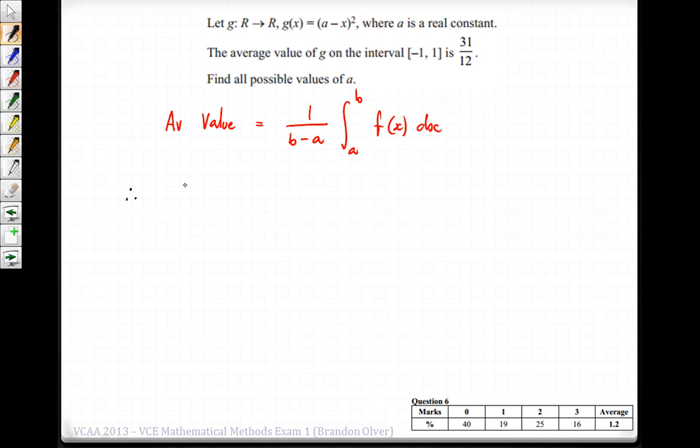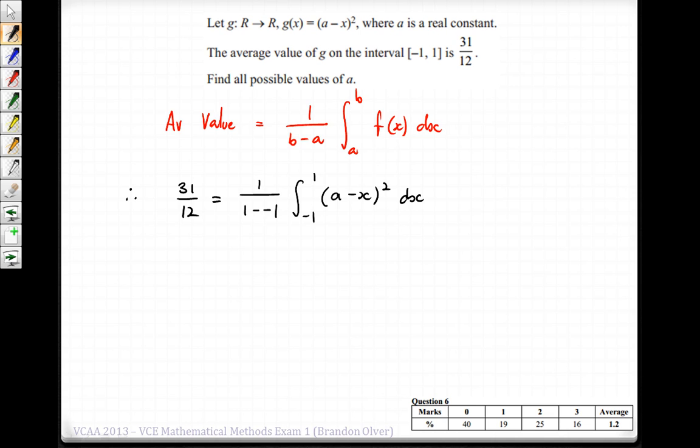Therefore, we can say that our average value of 31 on 12 is equal to 1 divided by 1 take -1, times the integral between -1 and 1 of the function a minus x squared dx.